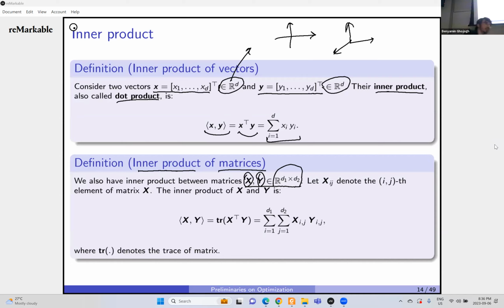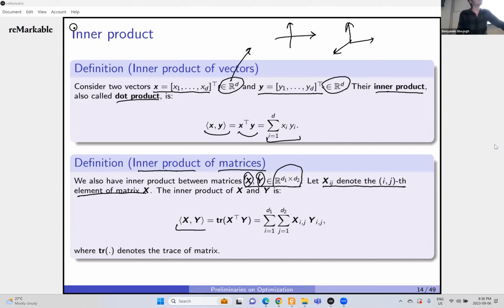In more complicated words, for those of you who want math, you can see that as the outer product of two Euclidean spaces. And let x_ij be the ij-th element of X, the row i, column j.